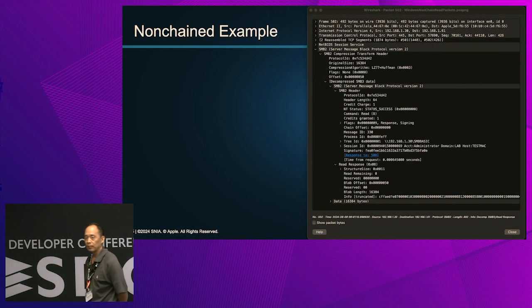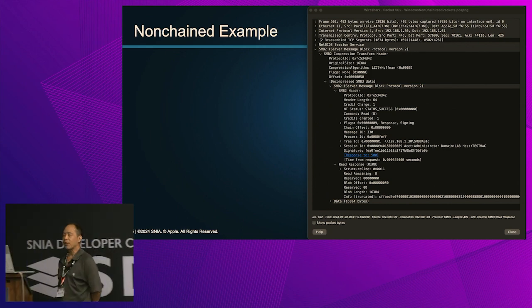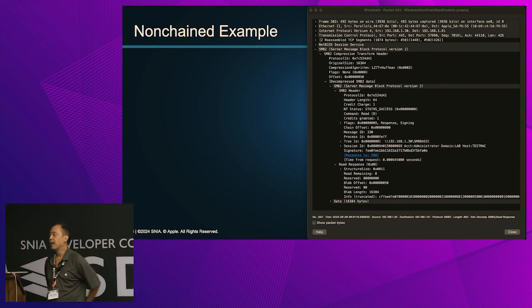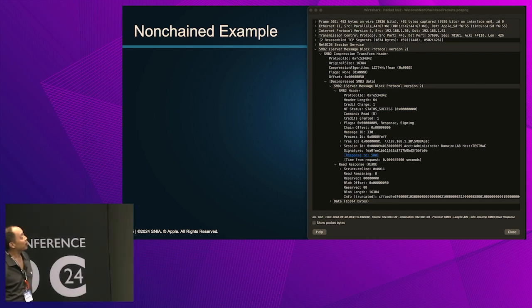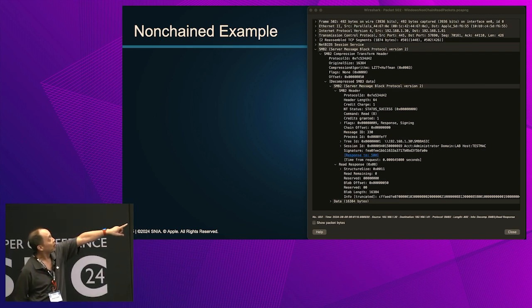This is actually a 16K read, and it's getting compressed to less than 426 bytes, because if you look at the length way up on the TCP part, it says length 426.